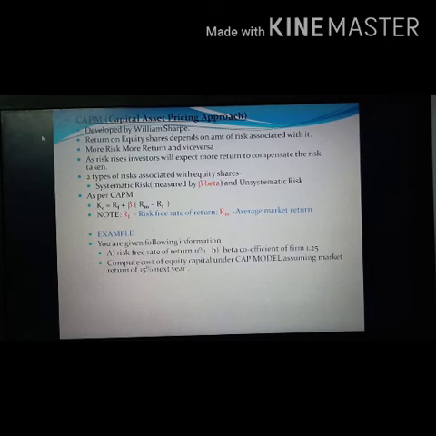So please have a close look at the formula. The cost of equity share capital KE is equal to RF, the risk free rate of return, plus beta whole multiplied with RM minus RF.